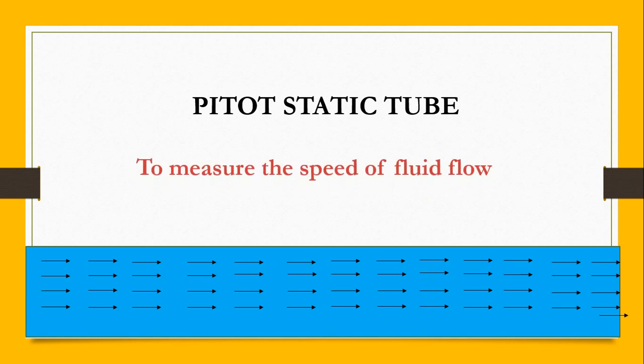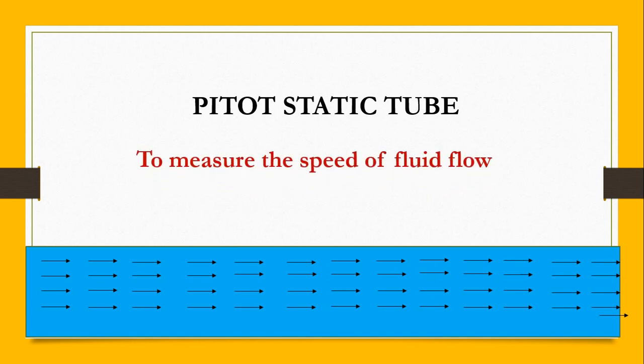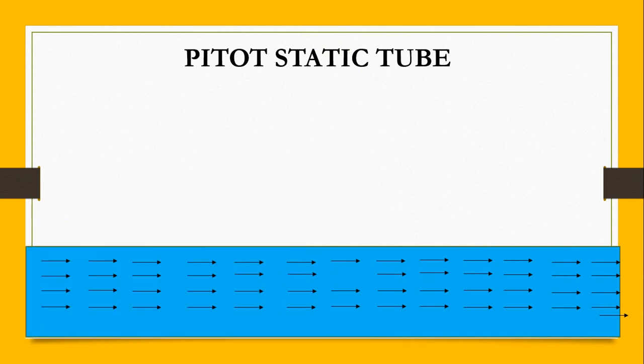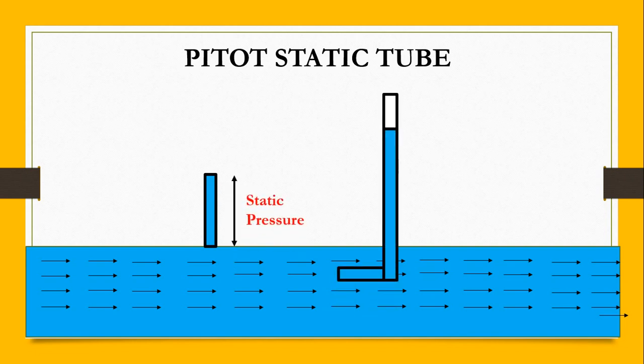Henri Pitot invented this device to measure the speed of the fluid flow in a canal. He used a static port to measure the static pressure and a pitot tube to measure both the static and dynamic pressure.